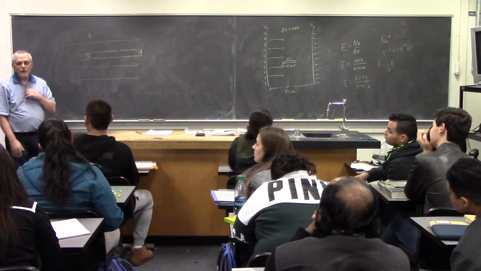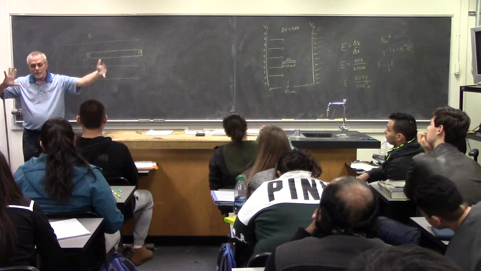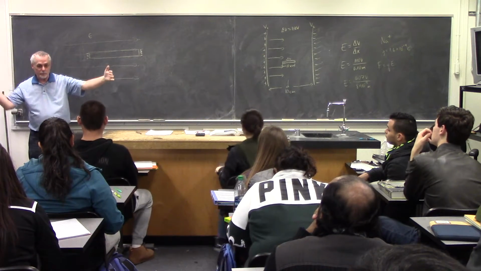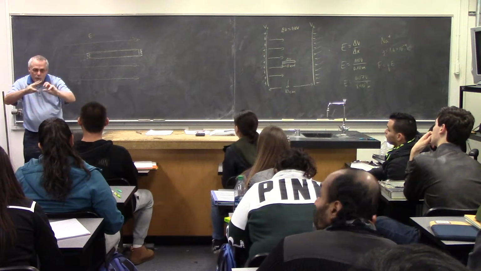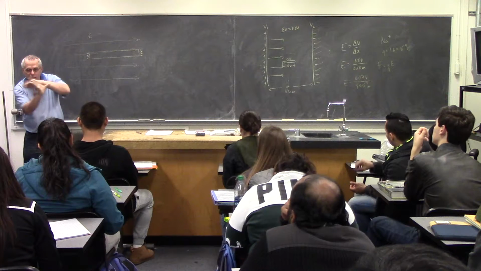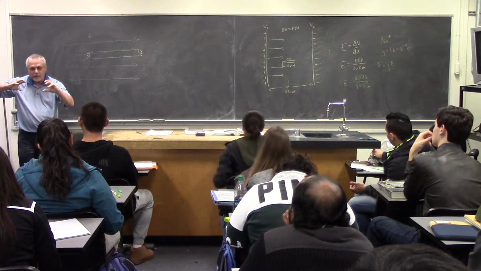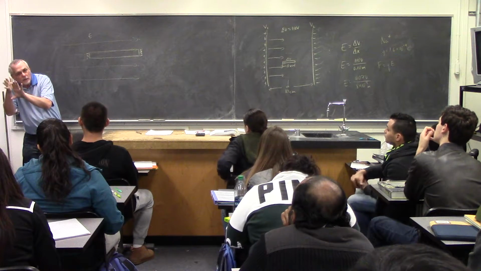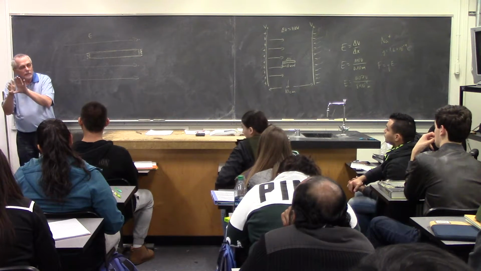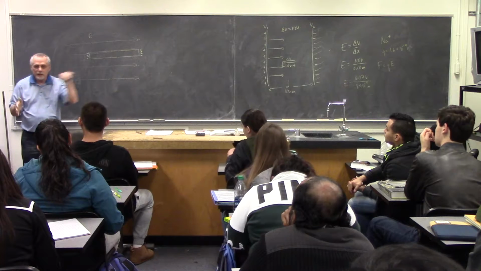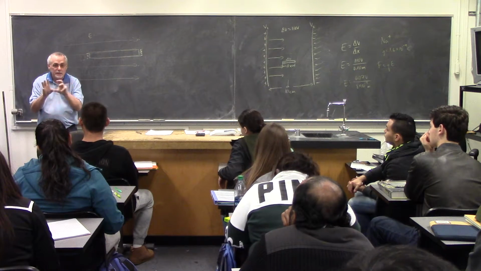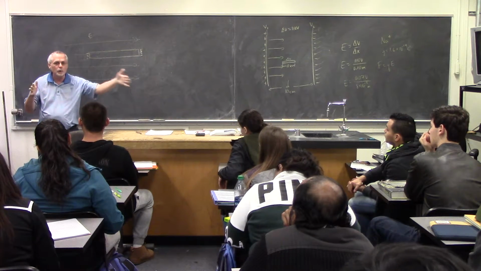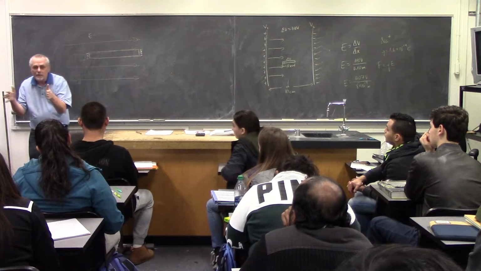If I've got a non-conductor and I put the field on it, all the atoms polarize, but they don't pull apart. They get cigar-shaped with a positive end and a negative end. Every atom does that. So there's a little negative charge on this side and positive charge on that side, but it's not an actual motion of charge. When I cut it in half, they all just stay polarized.